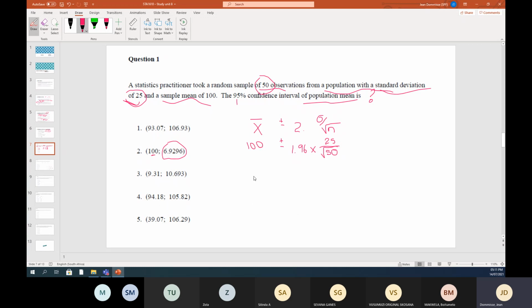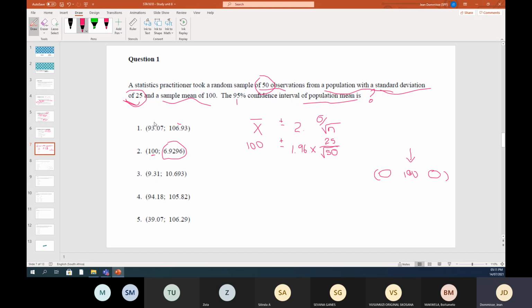Okay, so the first thing I want to show you is how to eliminate some of these answers. The sample mean is 100, so that will be in the middle of your two confidence limits. This number here should be more than 100, and this number should be less than 100.